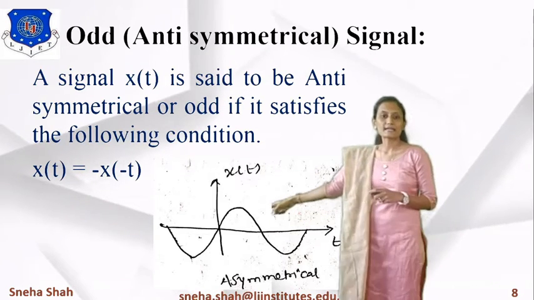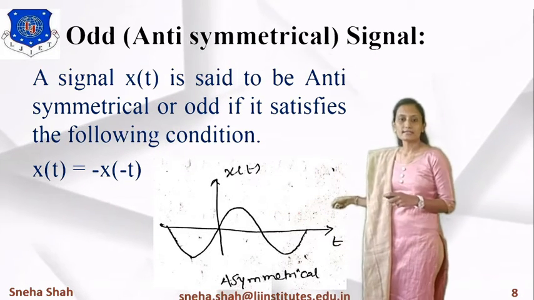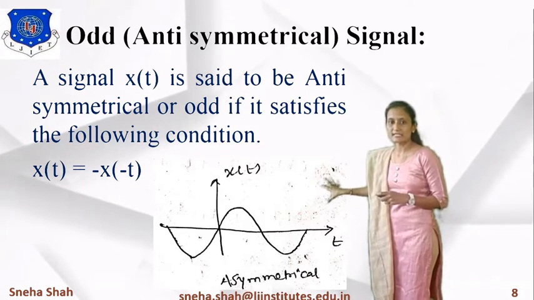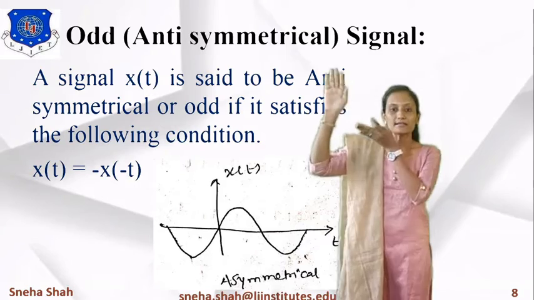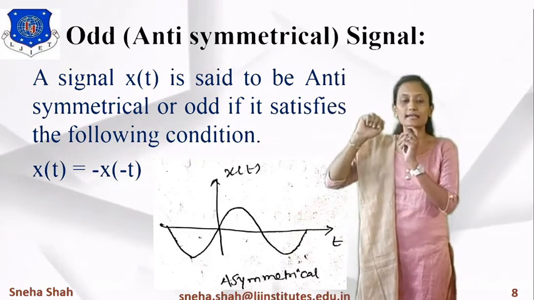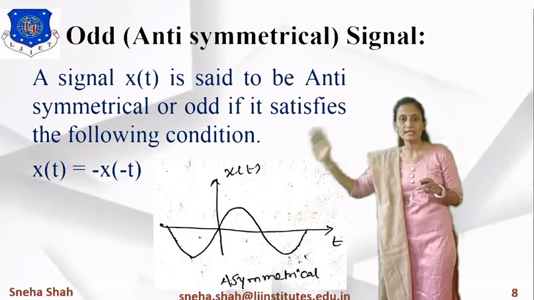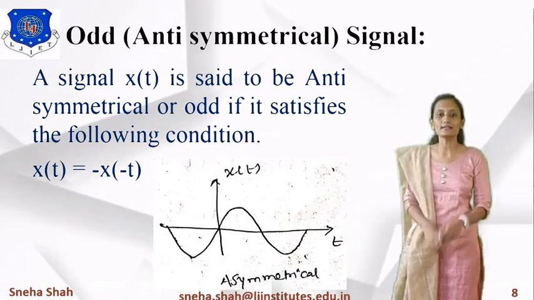So this signal is anti-symmetrical or odd, because for positive it is plus, and for negative it is minus, so it will be in the negative or decreasing form.